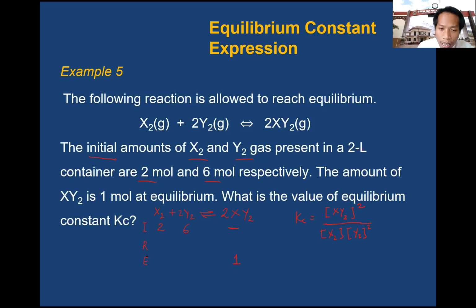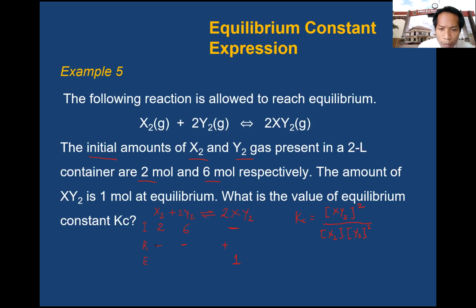What is important to know is that in the reaction, the mole number of the reactants will always be decreasing, so the reactant value will be minus, and the mole number of the product will always be positive.